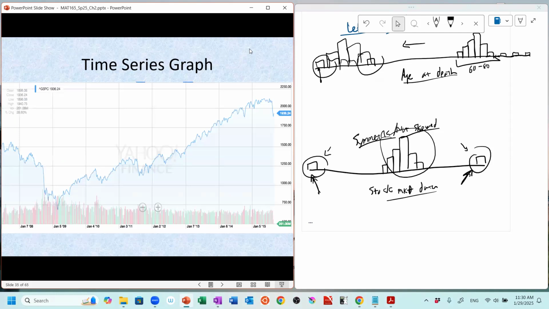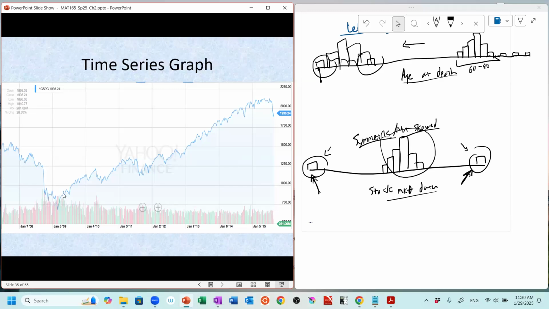We, of course, have stock market data like the S&P 500. This GSPC is the S&P 500. Looking at this line graph, don't worry about the red and green stuff on the bottom. That's just trading volume, but focus on the blue graph. Again, this was from that same time period going up to 2015 and starting back here in about 2007.